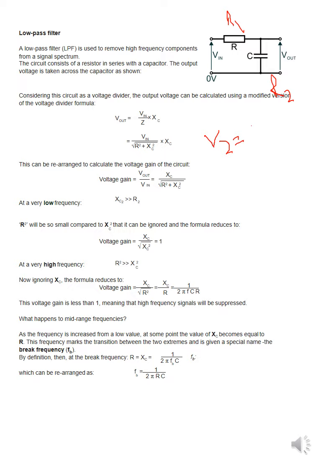So we can say V2 is the voltage across R2. So V2 will be R2 divided by R1 plus R2, times Vin, if it is like that.